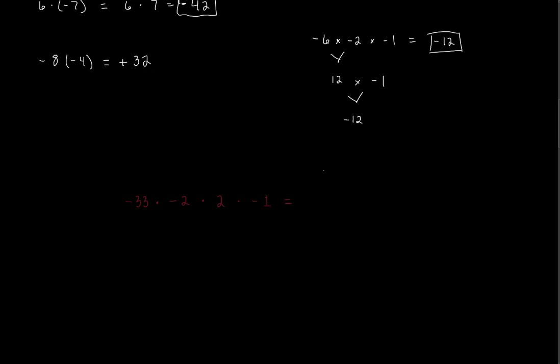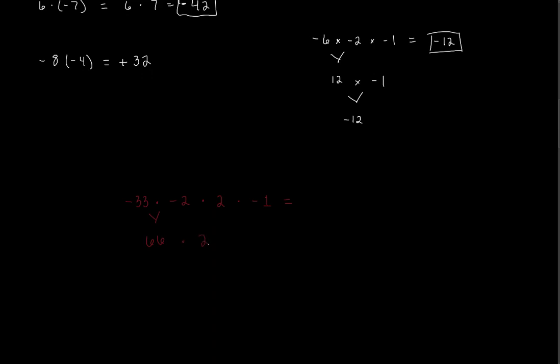So assuming that you have, let's start with -33 and -2. So I have -33 times -2. Those are both negative, so I know my answer is going to turn out to be positive. And I know that 33 with another 33, if I add those two together, I get an answer of 66.